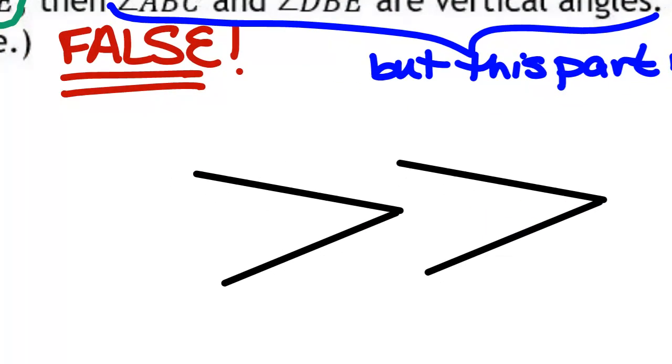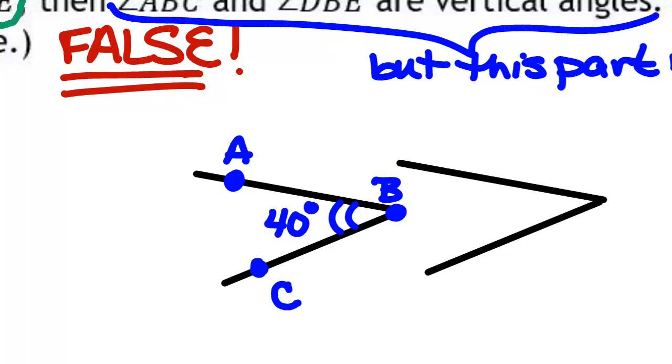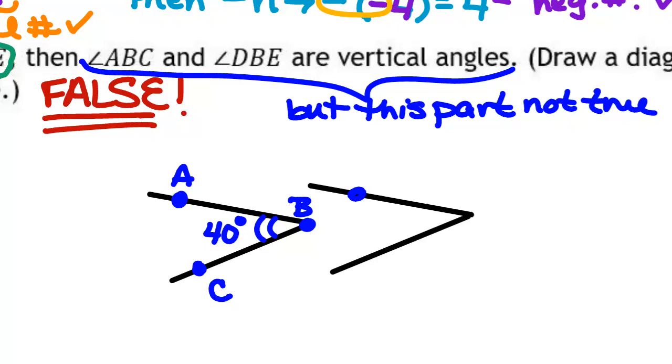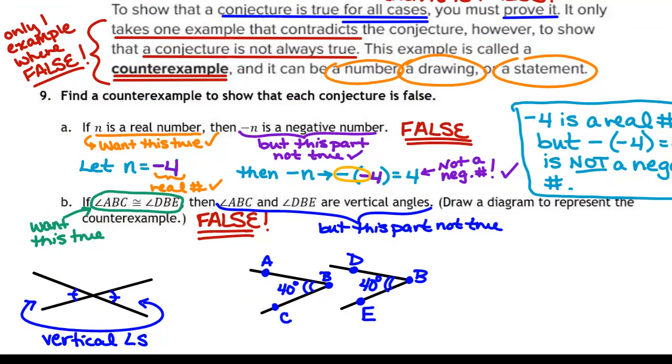Yes. So one of these I'm going to call angle ABC. Let's say, oh, I don't know, let's pretend that that's 40 degrees. And then angle DBE is also 40 degrees. So here's my counterexample.